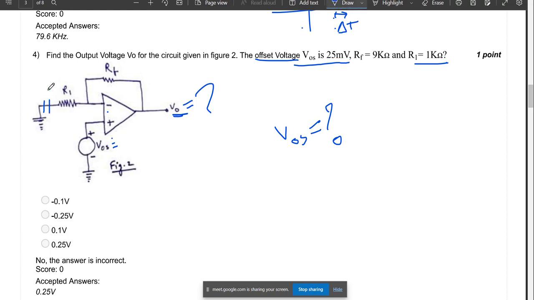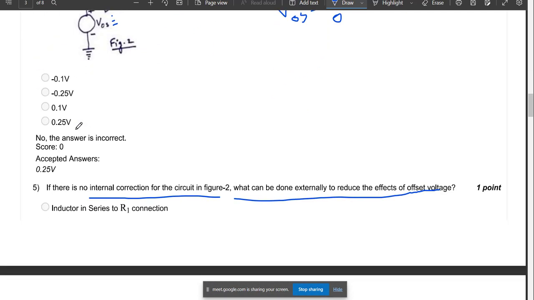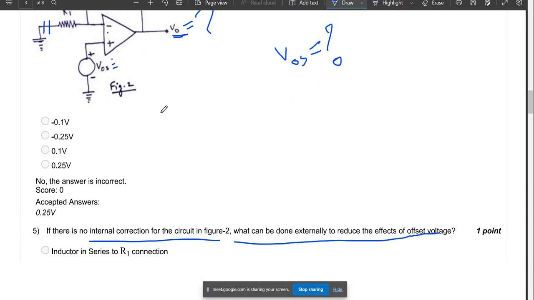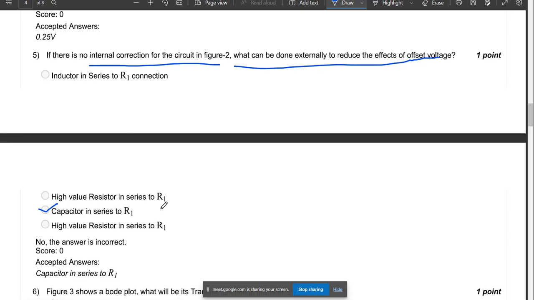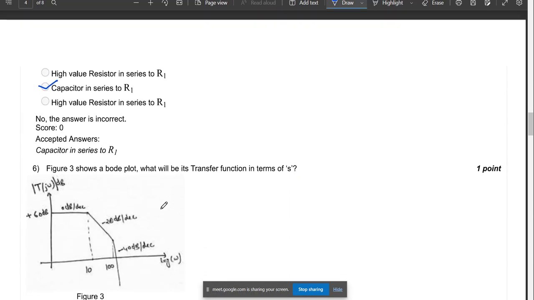We put an appropriate value of capacitor here in series with R1 to reduce the effects of offset voltage. So option C is the correct answer, capacitor in series to R1. Let's go ahead and try to solve the next question.